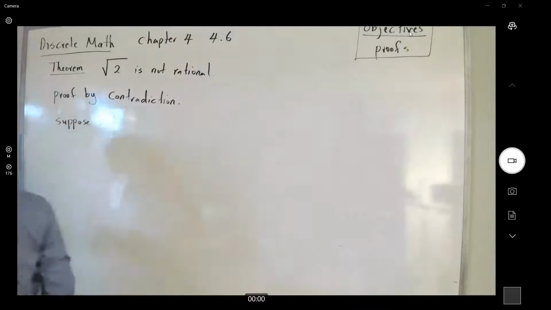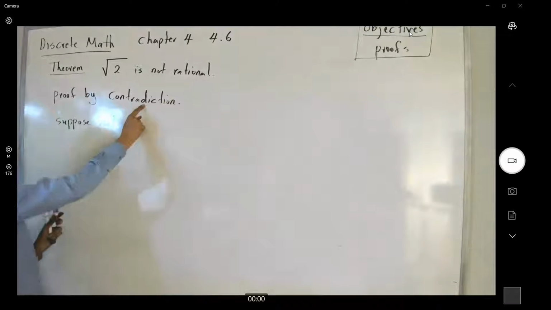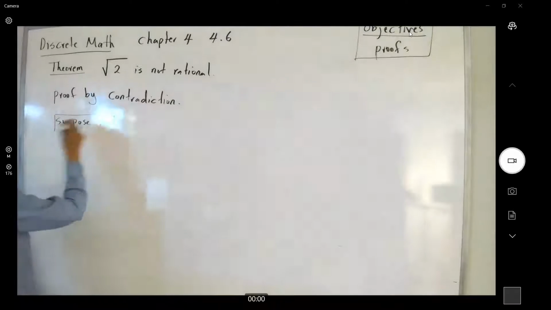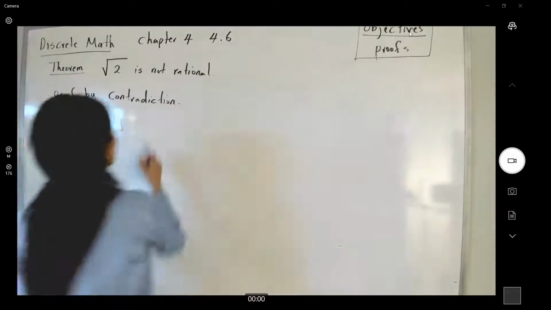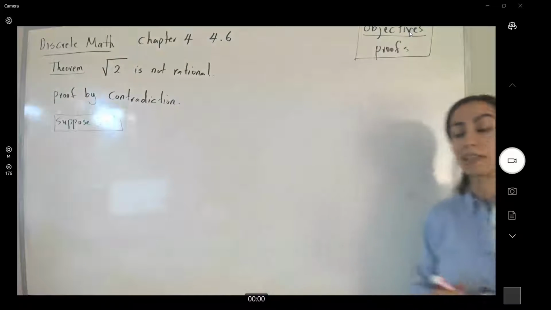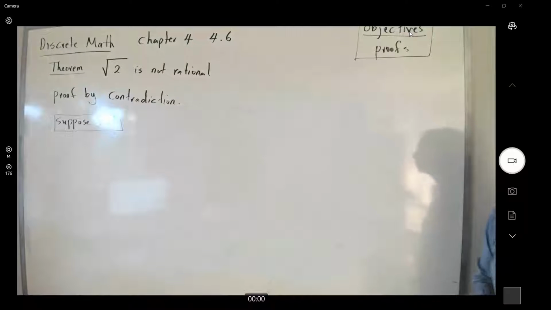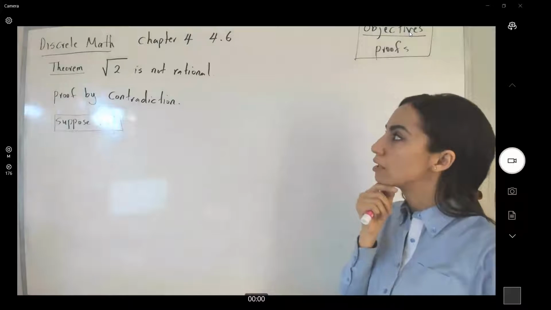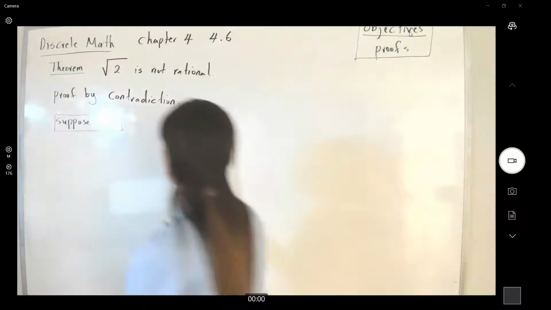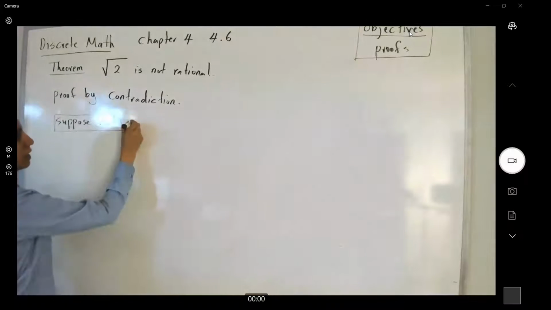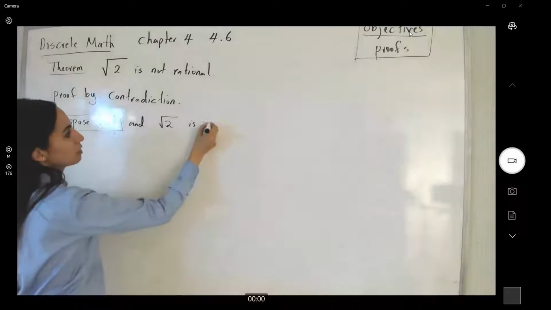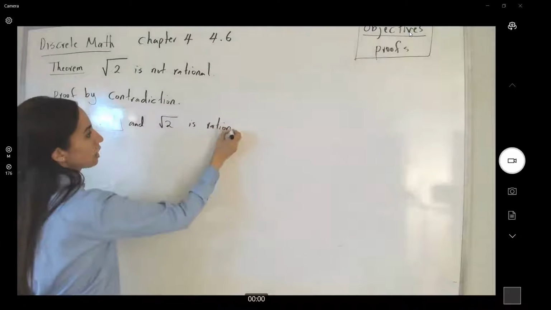Let us put this in a box to know that when we are working with contradiction, we always assume the negation of this statement. Well, suppose not, and the square root of 2 is rational.